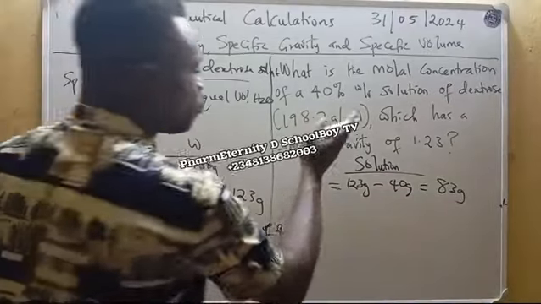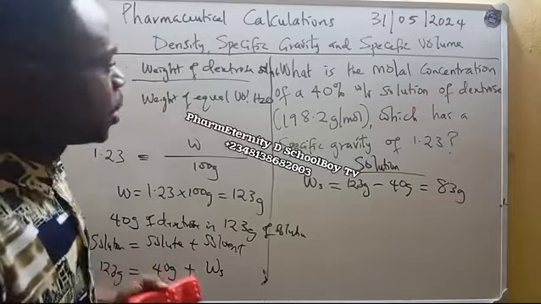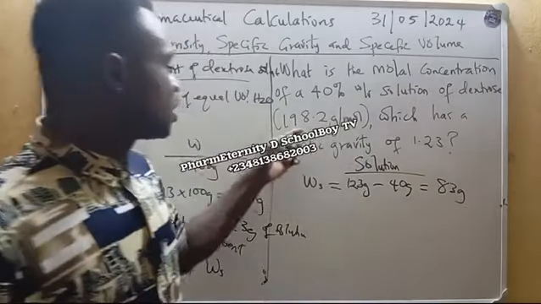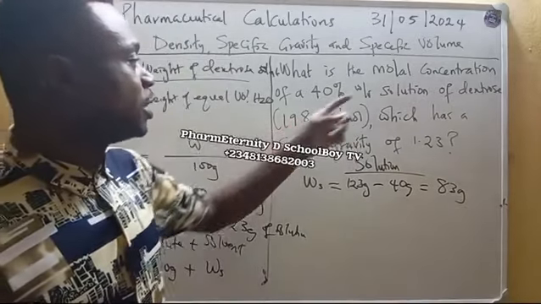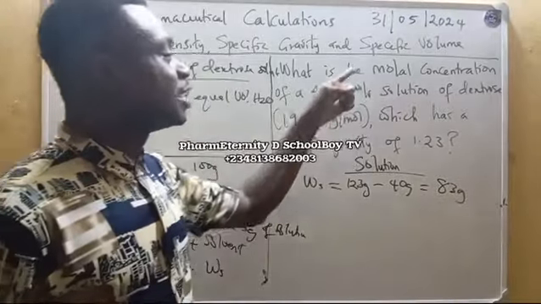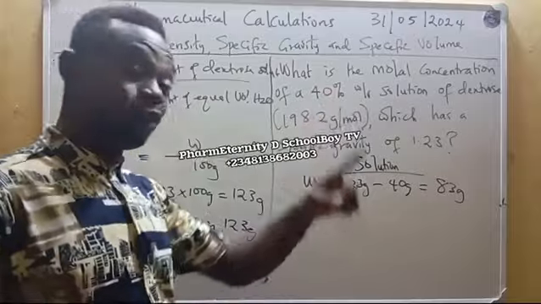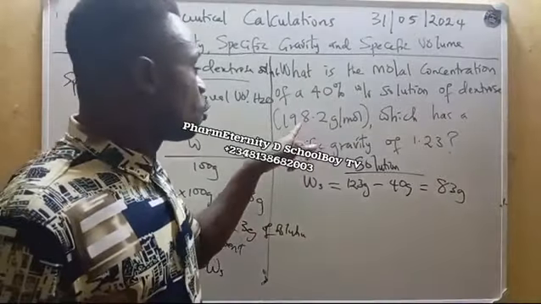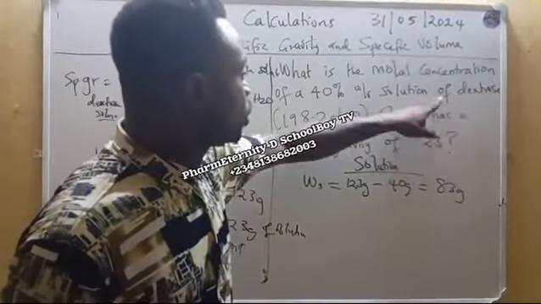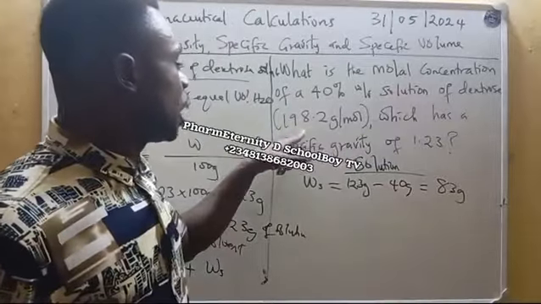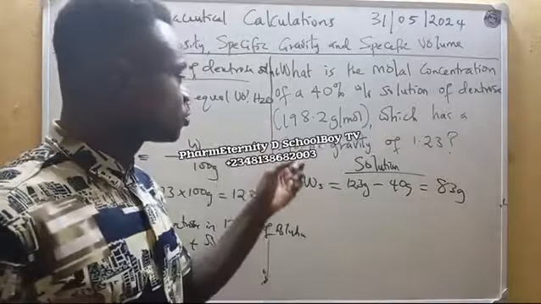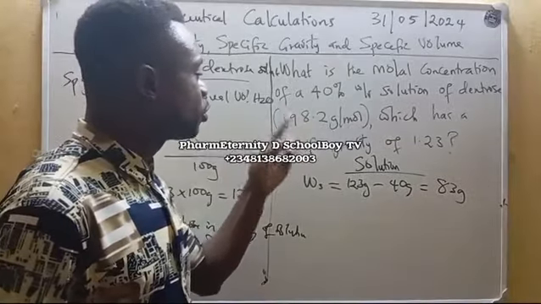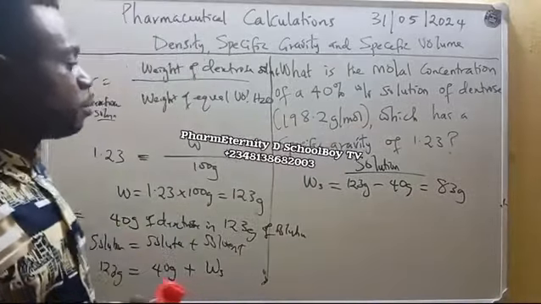Now let's go back to the question again. We were given the molar mass of what? Base. Remember, we are told to find the molar concentration. We are going there. So we are given the molar mass of dextrose to be what? 198.2 gram per mole.